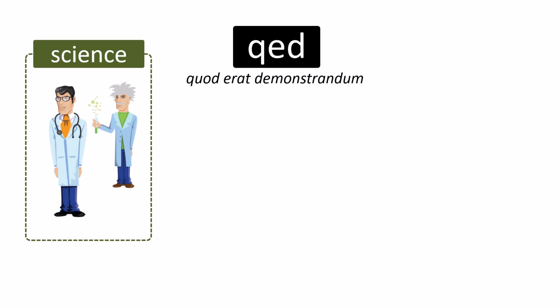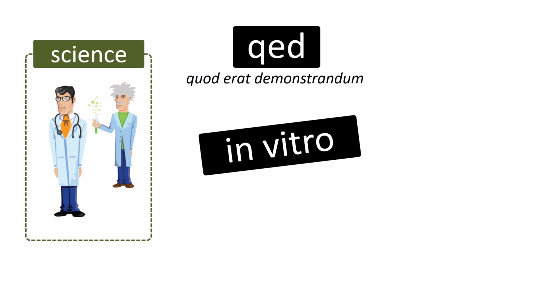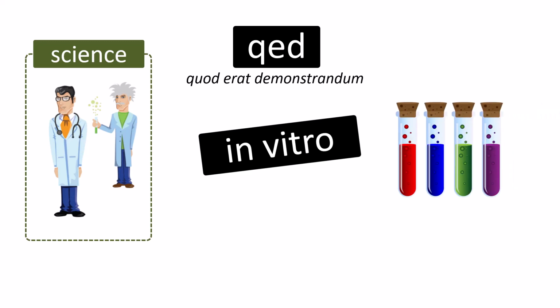For example, the analysis of the data conclusively demonstrated a correlation between smoking and lung cancer, QED. Next, in vitro. In vitro means in glass, and it's typically used to describe an experiment that's conducted in a controlled laboratory environment, in other words, in a test tube or a petri dish.